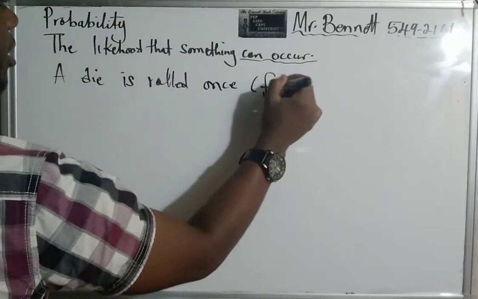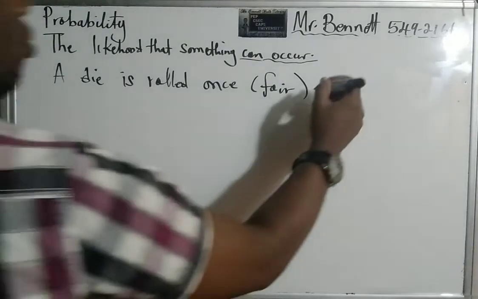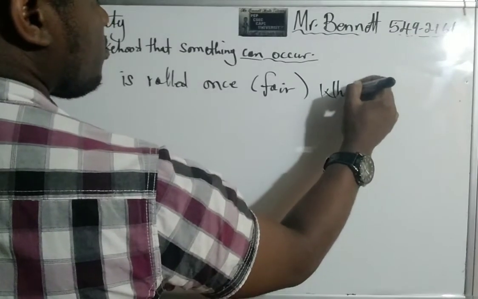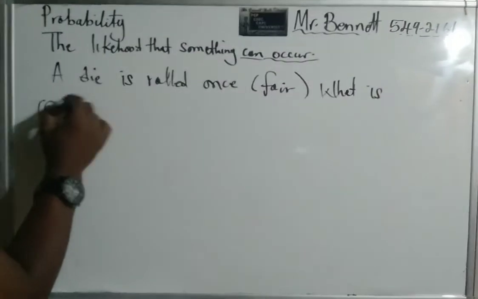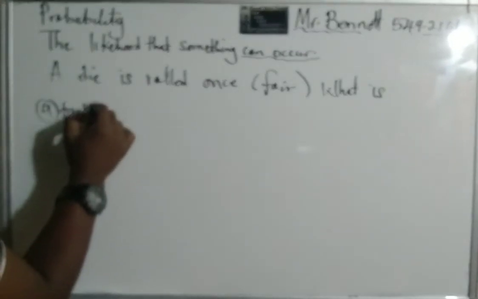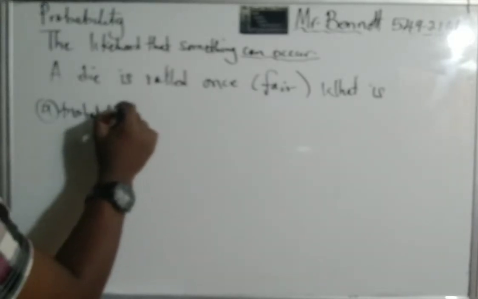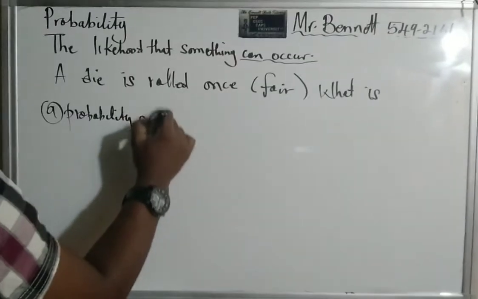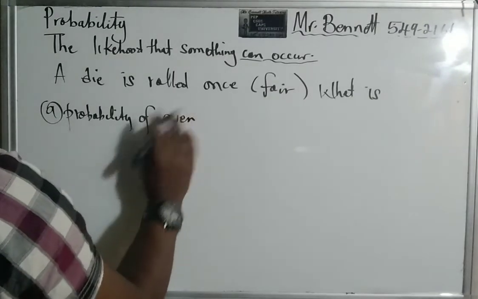So a fair die. What it means is from 1 to 6. And they will ask, what is the probability of throwing an even number.